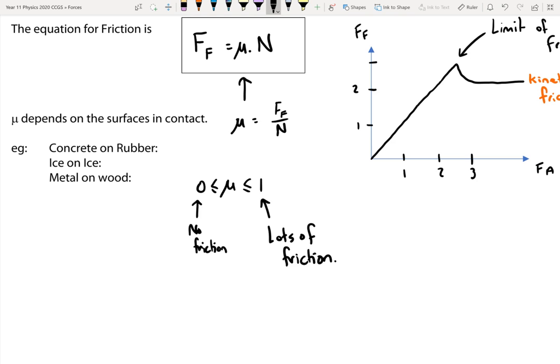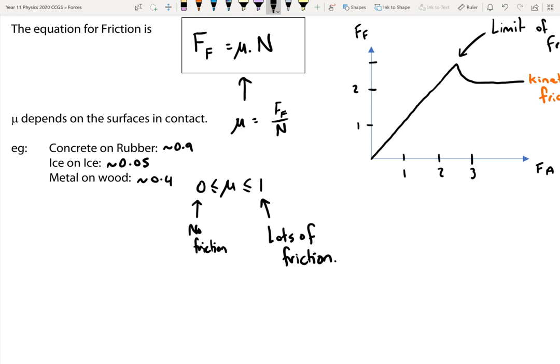Typically we find that the grippiest substance would be rubber upon rubber, and in order to get it sliding, you would need to apply a lateral force that's equal to its weight force, or normal force, okay? Typically. So, concrete on rubber is quite a high number. It's around about 0.9. Ice on ice is very low. It's going to be around about 0.05. Metal on wood might be somewhere in between.